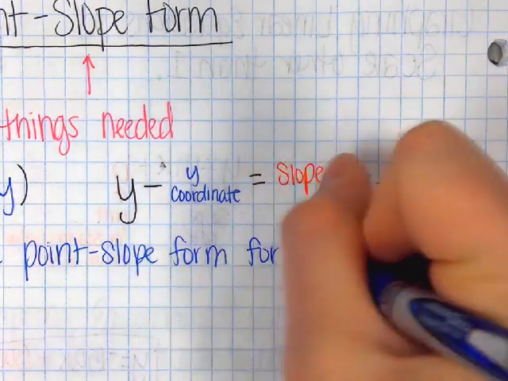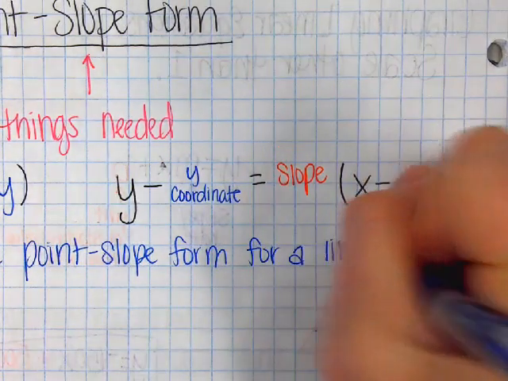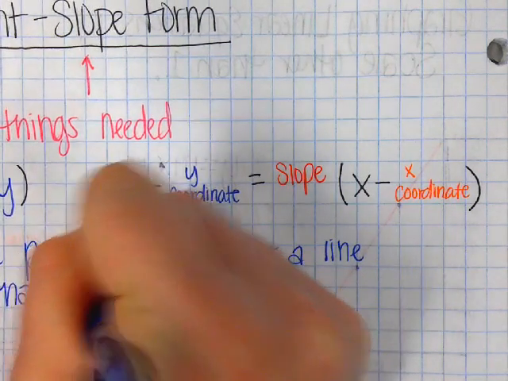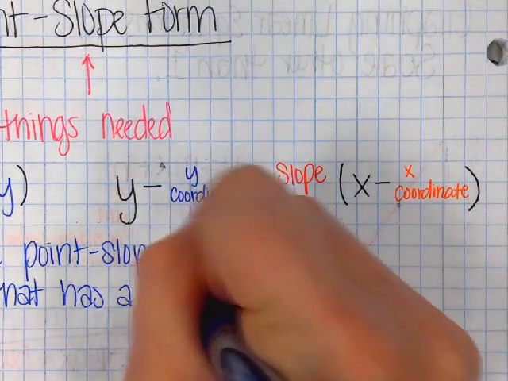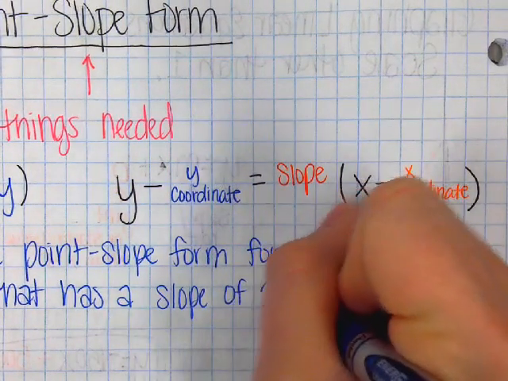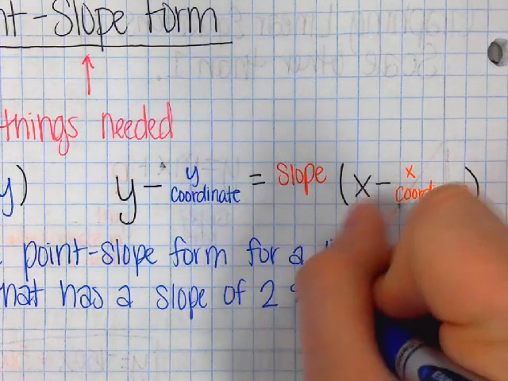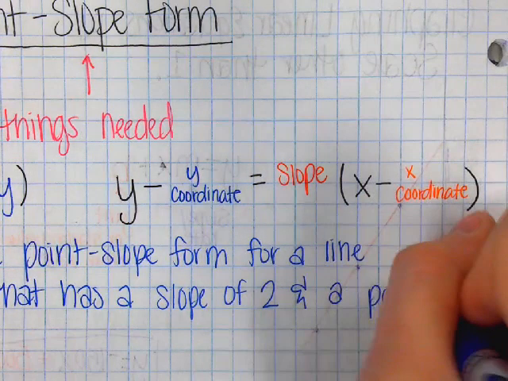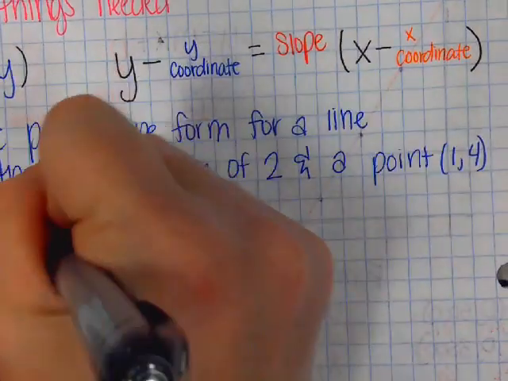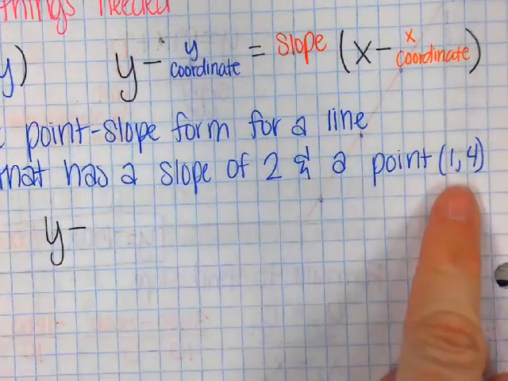for a line that has a slope of 2 and a point at 1, 4. So it would be y minus the y coordinate of that point.